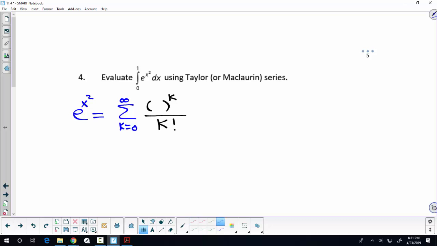But we're not looking at the series for e to the x, we're looking at the series for e to the x squared. Does that make sense? You don't have any questions about that? It's super crucial.